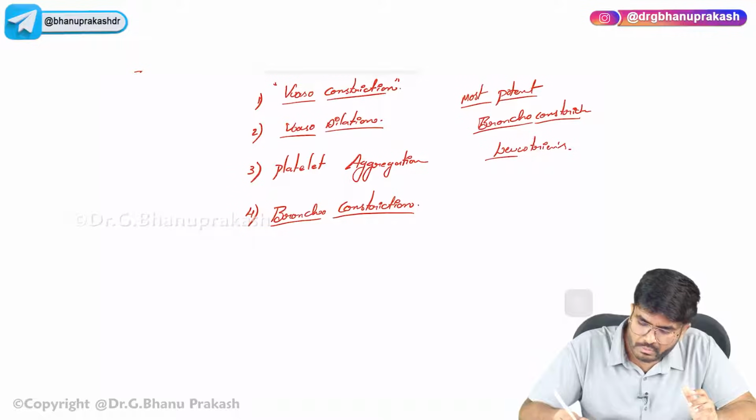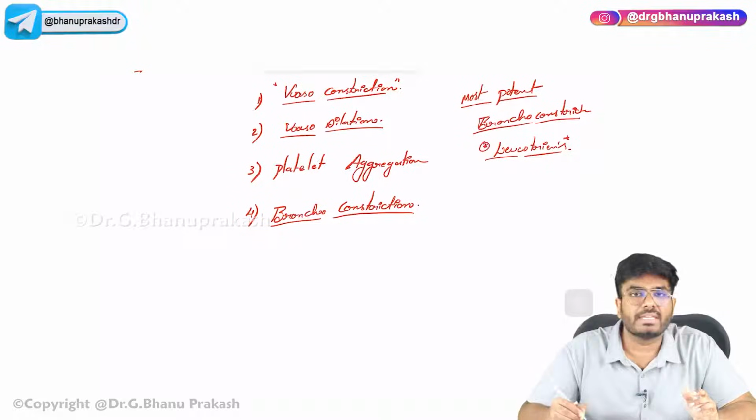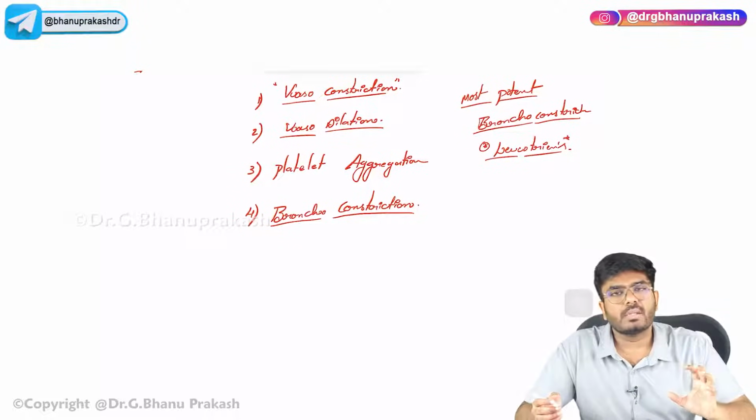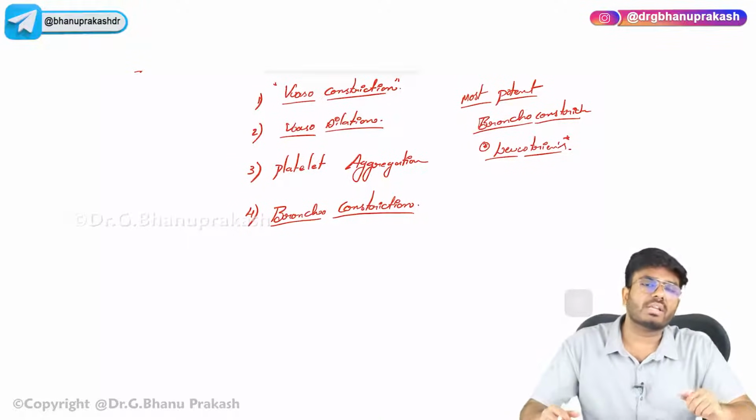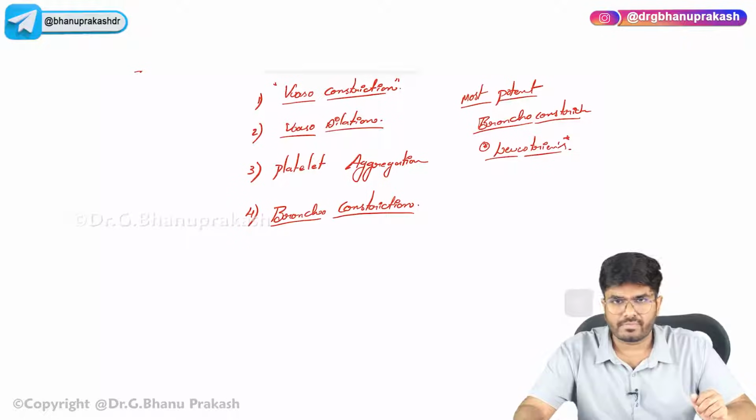Okay, leukotrienes. We will discuss these leukotrienes, especially leukotriene E4, okay, leukotriene B4. They are the most potent bronchoconstrictors, not the histamine or the platelet activating factor.